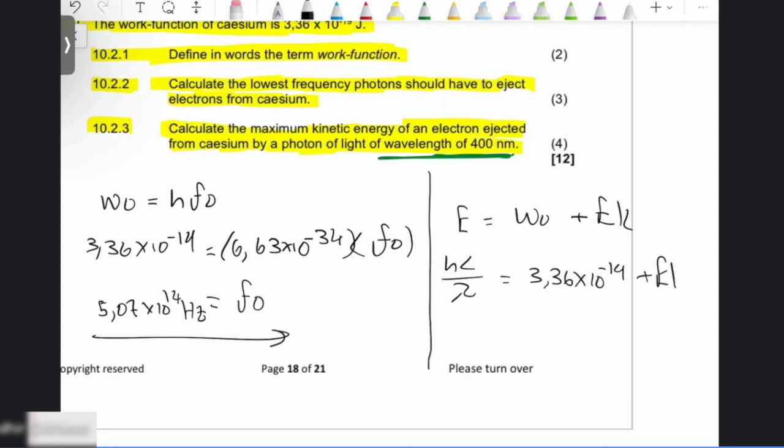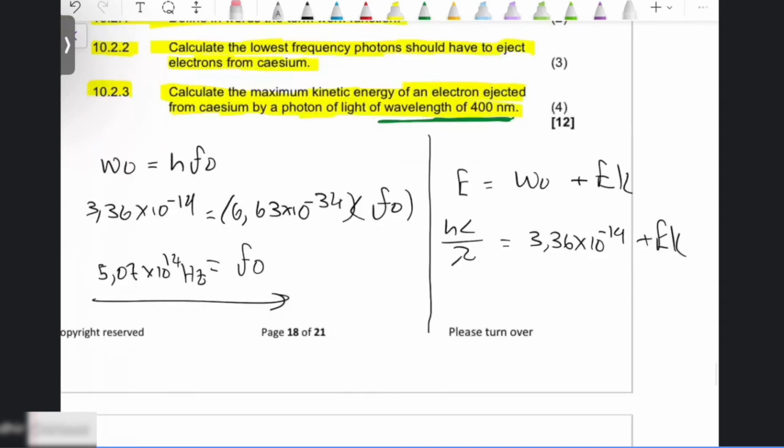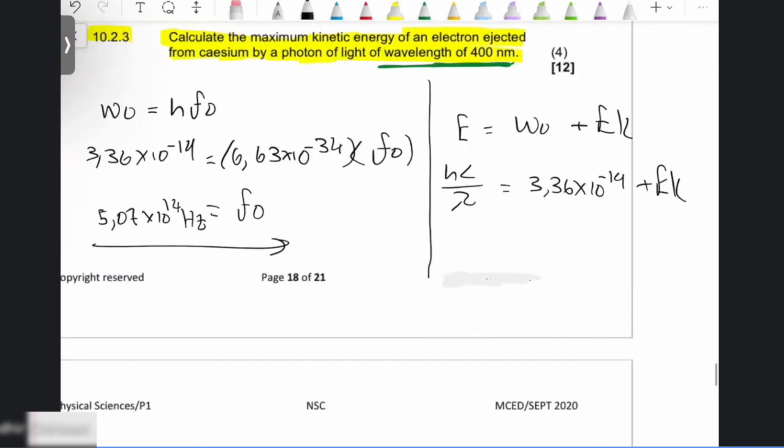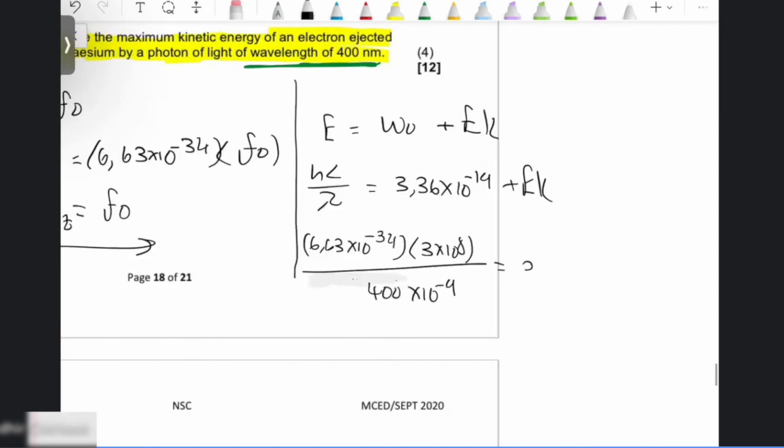And we are essentially calculating EK. So h is 6.63 times 10 to the minus 34, guys. c is 3 times 10 to the power of 8. Lambda is 400 times 10 to the power of minus 9. This is 3.36 times 10 to the minus 19 plus the EK. And then we're solving for our EK.